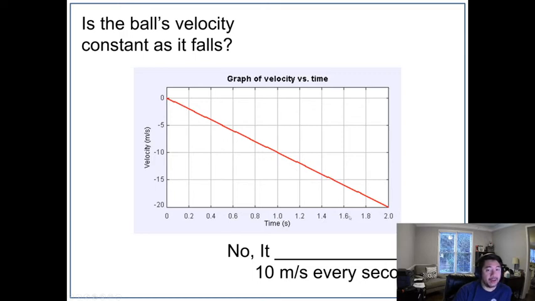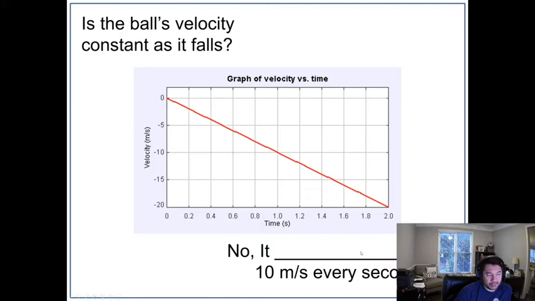And in fact, we can get the acceleration of this ball using this graph. Remember that to get the acceleration off a velocity time graph, we're going to get the slope. So let's choose this point and this point. Rise here would be negative 20 over run, from negative 10 to negative 20 would be negative 10, divided by a run of 1 to 2, which is 1 second, so negative 10 meters per second per second.